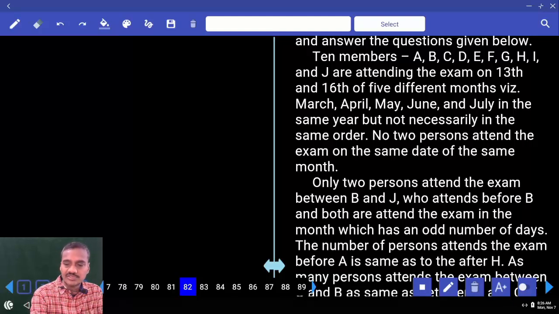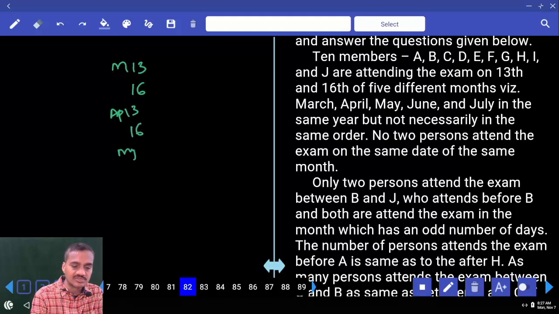Then, what are the months we have? March 13 and March 16. And next one, April 13, April 16. And next one, May 13, May 16. June 13, June 16.